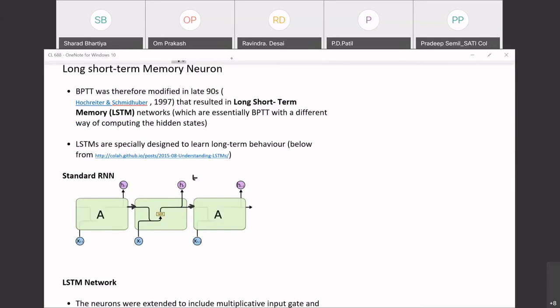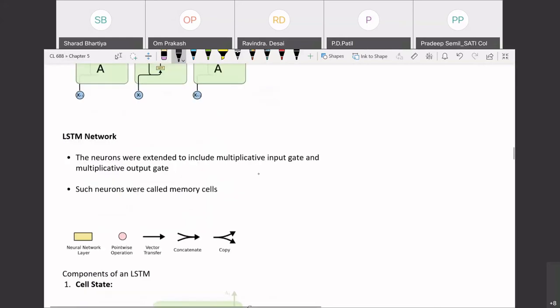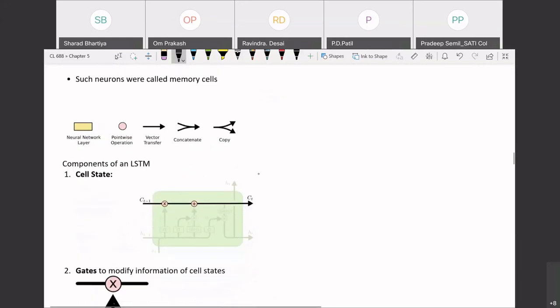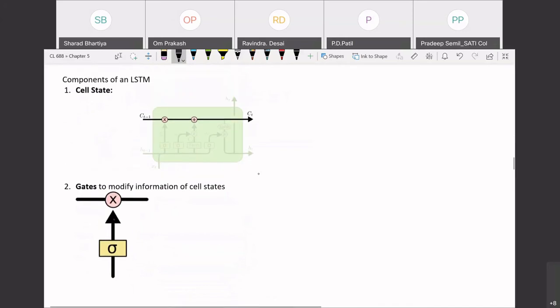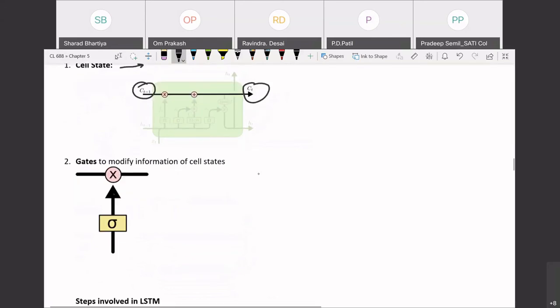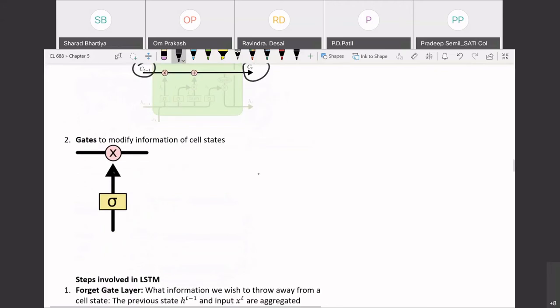And without getting too much into the detail, what this neuron had was it carried forward some state information, which is given by C, and from one neuron to the next, it went to the next level, and it had these gates, which were a critical element of these LSTM neurons.